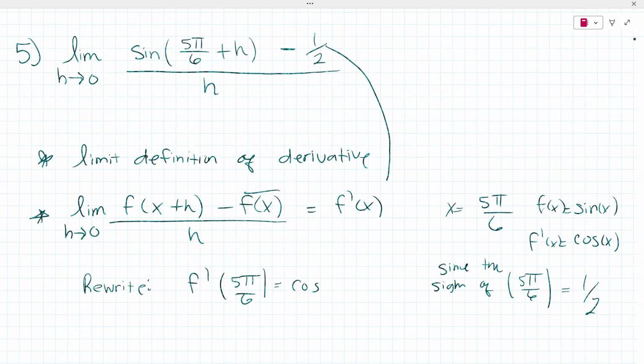So f prime of 5 pi over 6 is the same thing as cosine of 5 pi over 6. What is the cosine of 5 pi over 6? That's quadrant 2, so that would be negative radical 3 over 2. So if you use the limit definition of derivative, your answer will be negative radical 3 over 2. Another option is you could use L'Hopital's rule.